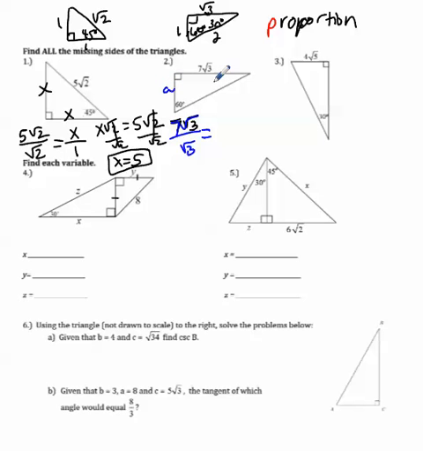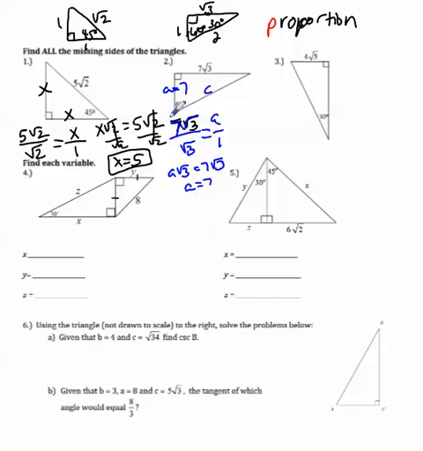I'll call it A, and I'll call the hypotenuse C, because it's opposite the hypotenuse. So 7 root 3 over root 3 equals A over 1, since in my triangle the short leg is called A, and in the parent triangle the short leg is 1. When I cross multiply, I get A times root 3 equals 7 root 3. If you divide by root 3 on both sides, you just get A equals 7.